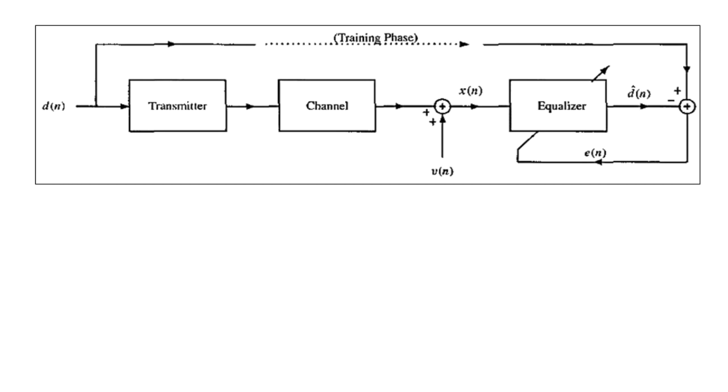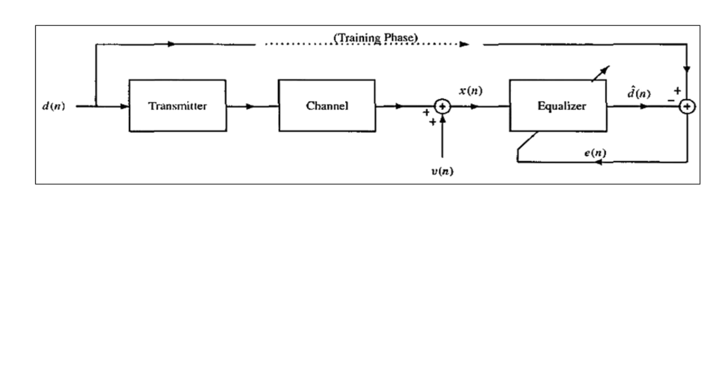The notations we carry forward: d of n is the desired signal to reach the destination, and with the help of the equalizer we obtain d cap of n. x of n is the signal, that is d of n added with the noise signal v of n, while passing through the communication channel. And as the equalizer is built with adaptive filtering, the error signal e of n continuously updates the values of the equalizer to produce the best estimate of the desired signal, denoted by d cap of n.